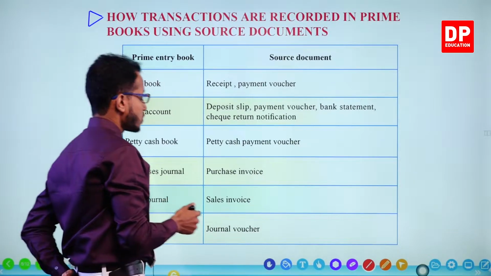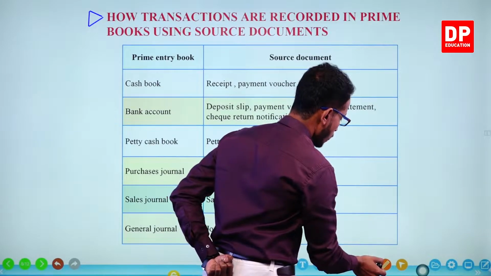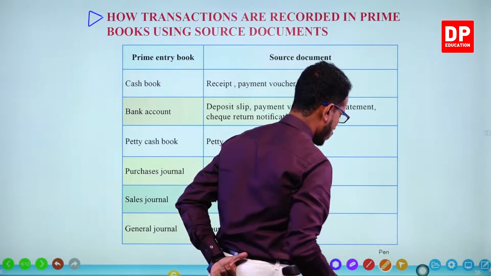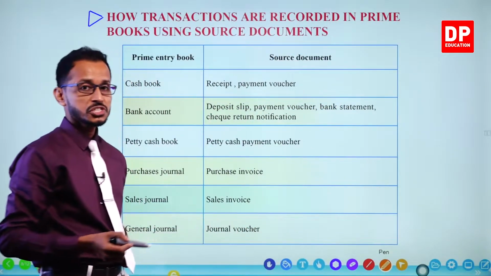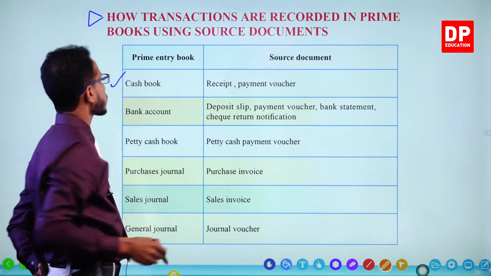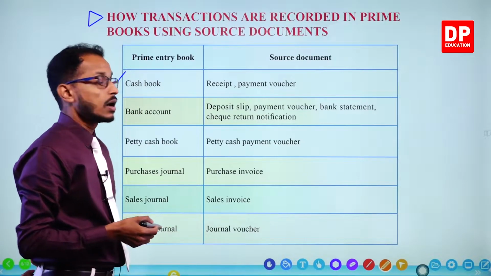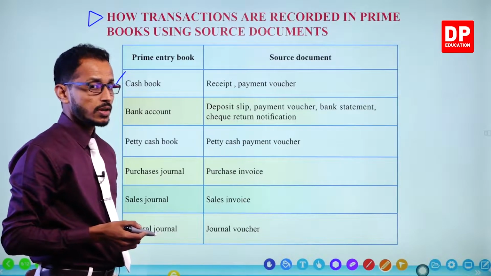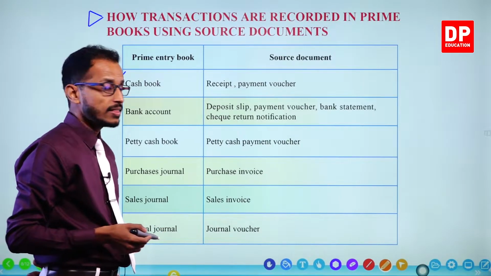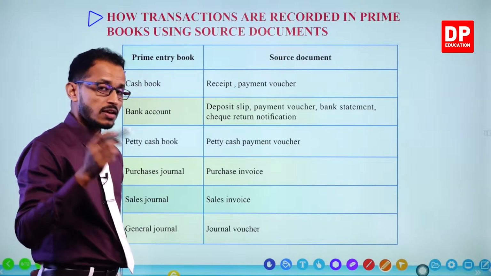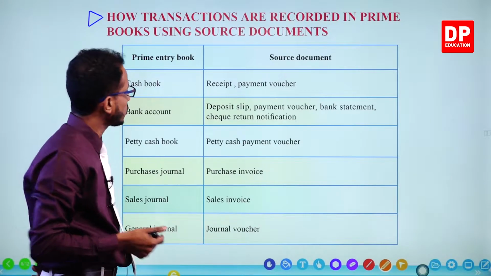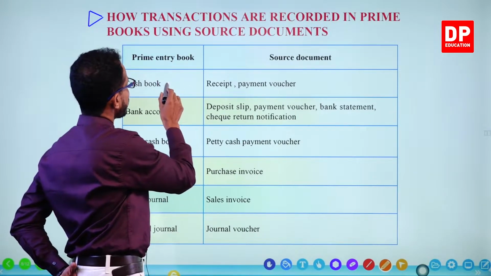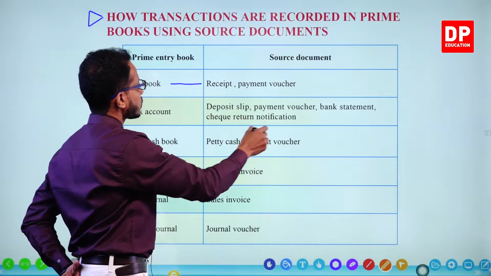We have the first prime book, the cash book. Cash book is given to you and the relevant source documents are given in front.